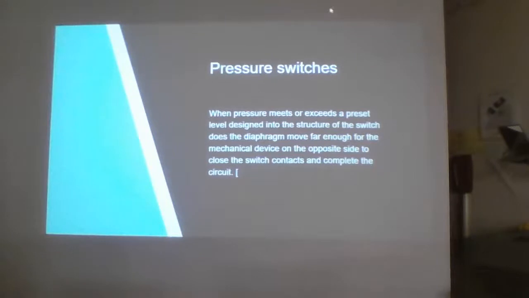That is the operation of the diaphragm. It needs to move far. If it has little fluctuations, it's not going to set off that switch. It needs to move far enough to that preset limit in order to operate the switch, whether it's going to close or open that circuit.